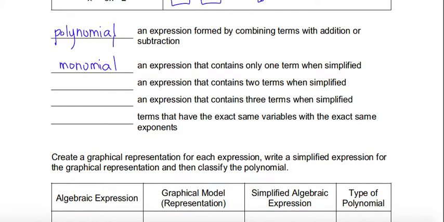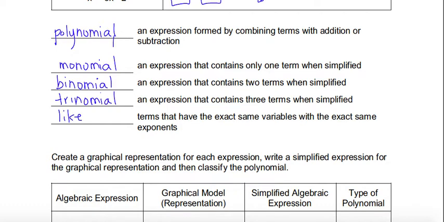The next term that you need to know is binomial. A binomial is an algebraic expression that has two terms. Think bicycle, 2 wheels, binomial. Trinomial is an expression that contains 3 terms. Think tricycle or triangle, 3 sides, 3 terms. And the last definition that you need to know, we're going to take a look at a lot, is like terms.